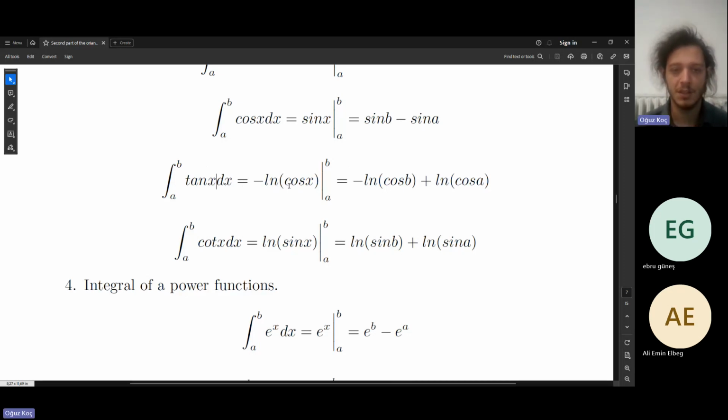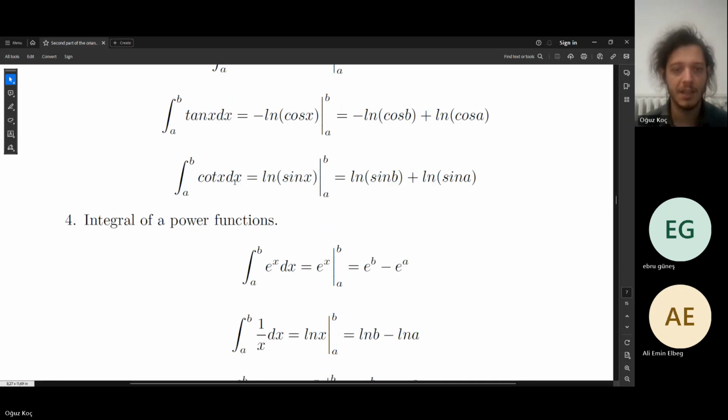For the bounds, it is equal to minus ln cos b plus ln cos a. There is a minus sign here, therefore this turns out to be plus, and then we have cotangent function.